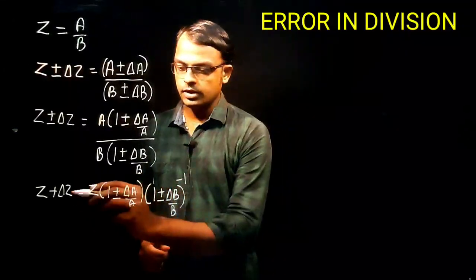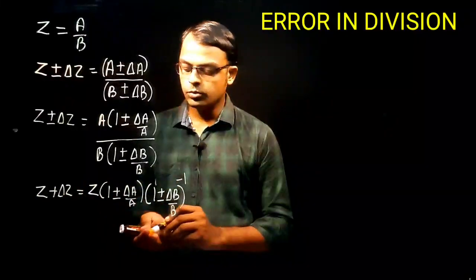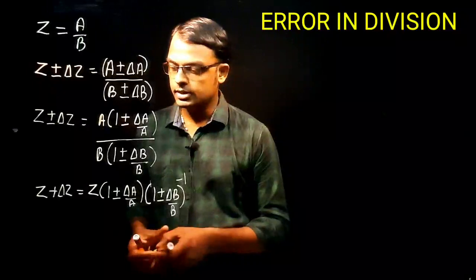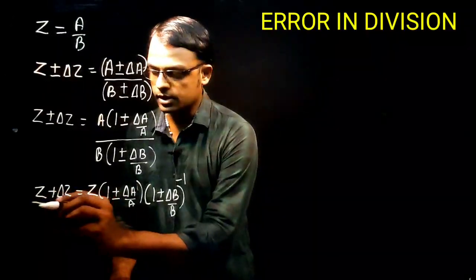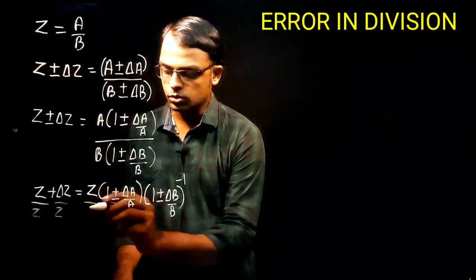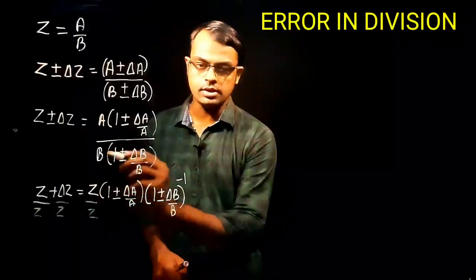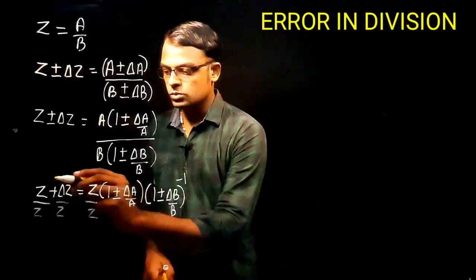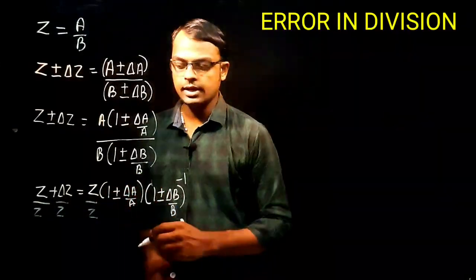Now divide the whole equation by Z. If you divide this equation by Z, what does the answer become? I just divide by Z here, here and here also. Only one Z is enough here because this is one quantity, right? So Z cancels, here Z cancels.